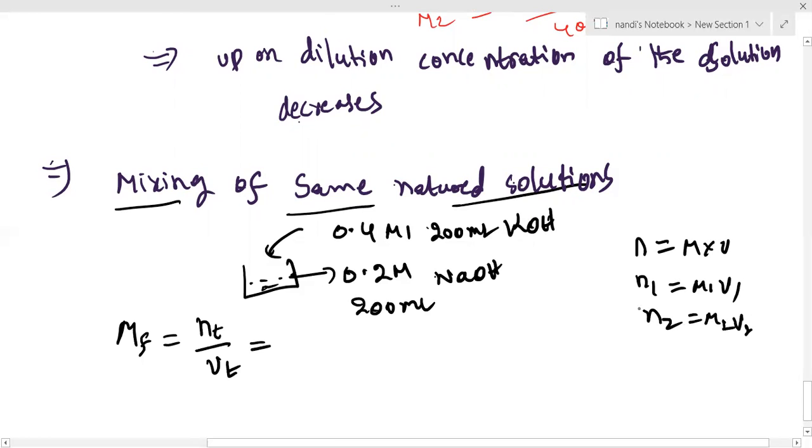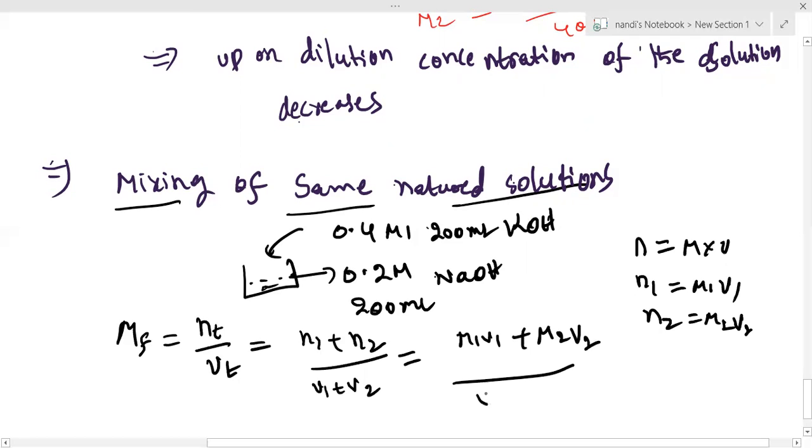So for two different solutions, I can write n1 plus n2 by total volume, V1 plus V2. Now we can write M1 V1 plus M2 V2 by V1 plus V2. Most teachers will give the direct formula. How we get it is from the basic definition only. So now we can substitute and get the answer.